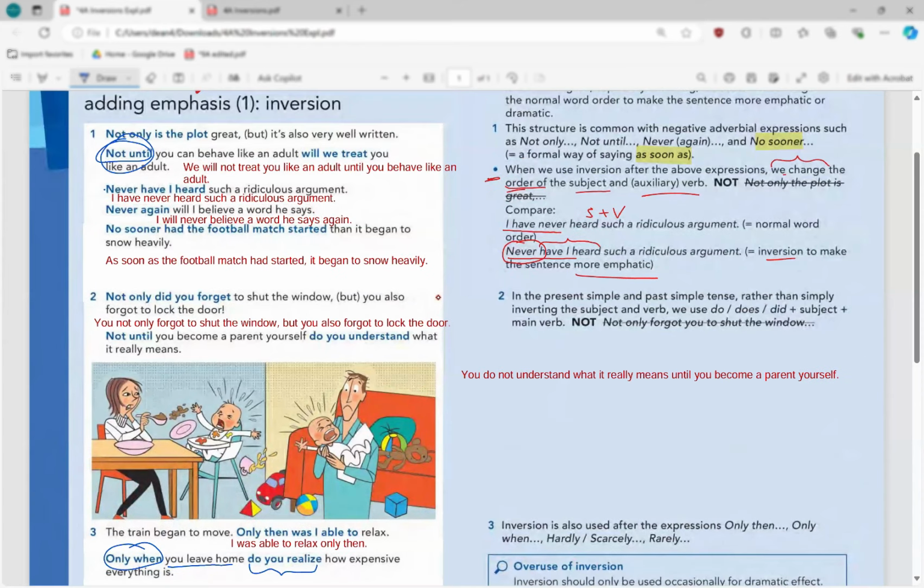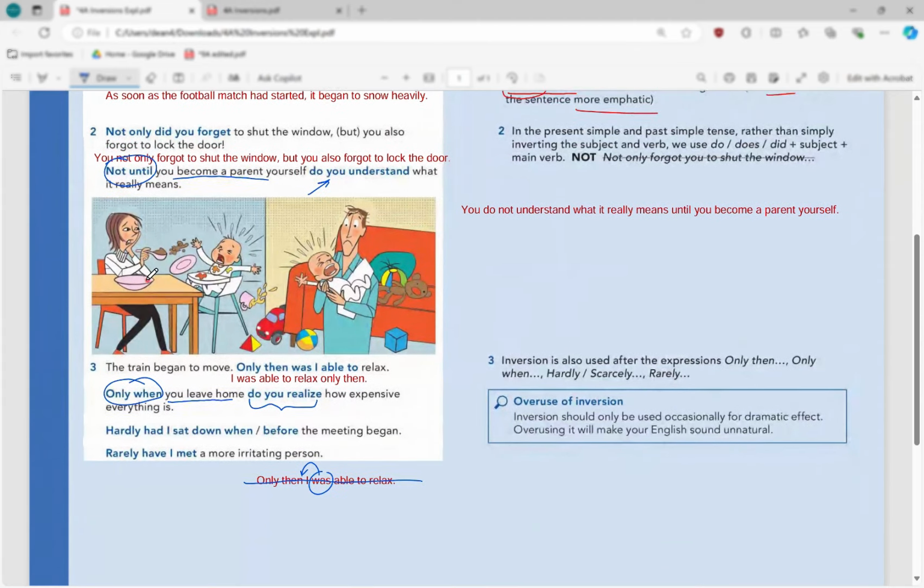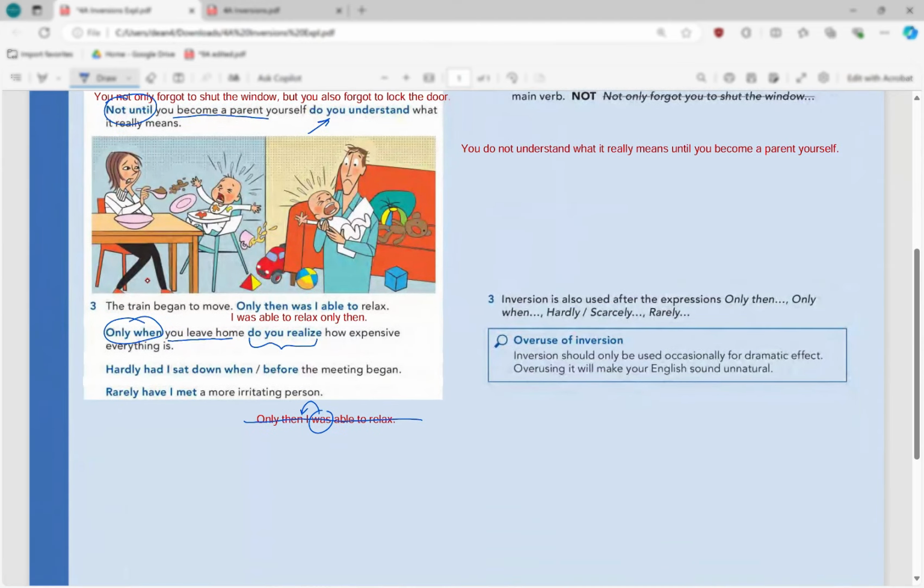Look, inversion is not happening in the first clause. It's happening here, the second. And we got another one. Look at that. Not until. You see? Inversion is not affecting the first clause. It's affecting the second part. So not until and only when. We can just write it here. Not until and only when.